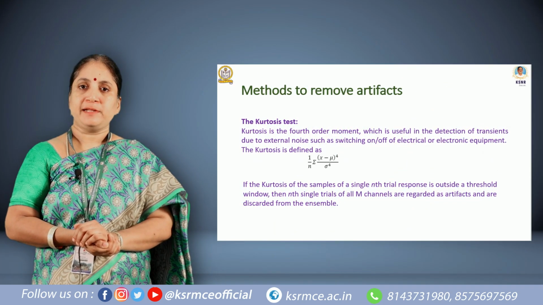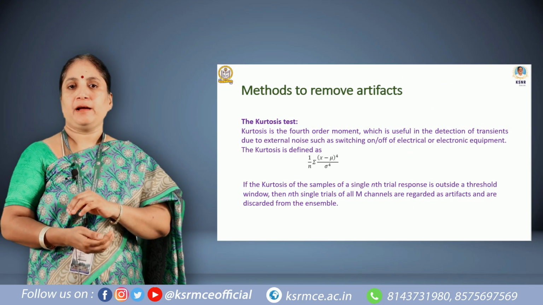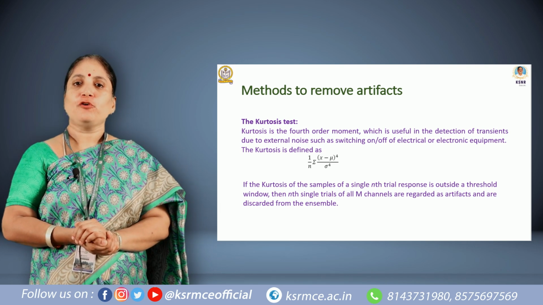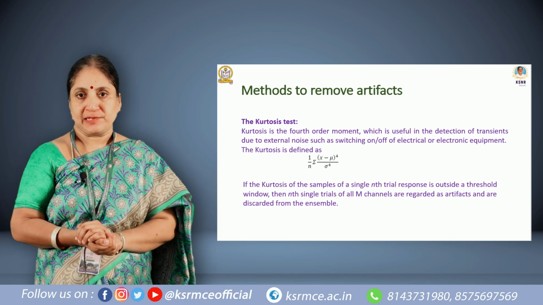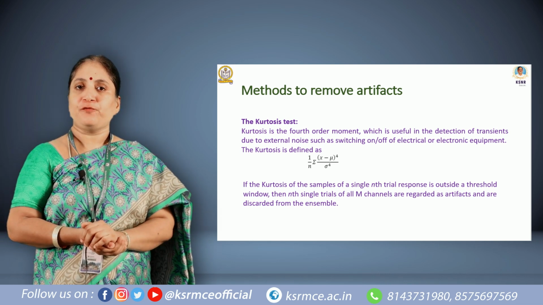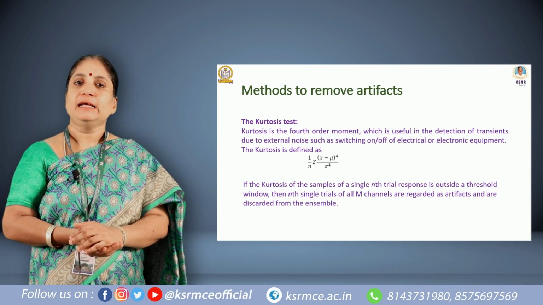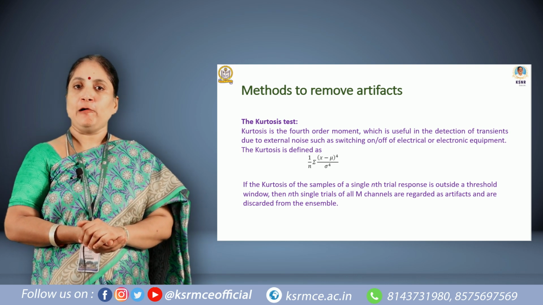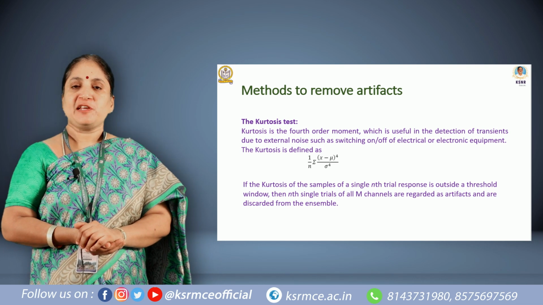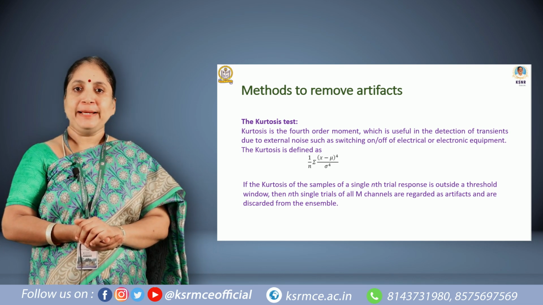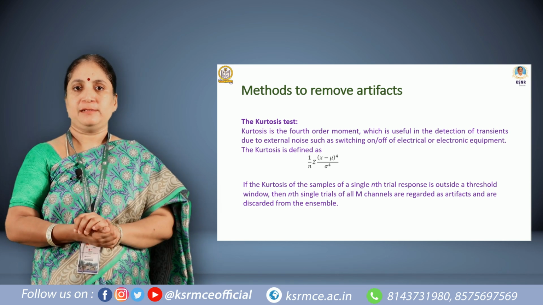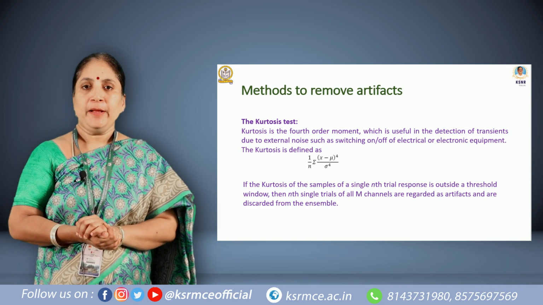The other test that is used to identify the artifacts is the kurtosis test. Kurtosis is the fourth order moment of statistics, which is used to identify the transients caused by noise generated during switching on or off of electrical equipment. So, this type of transient can be eliminated by using the kurtosis. The expression for the kurtosis is given by that equation.